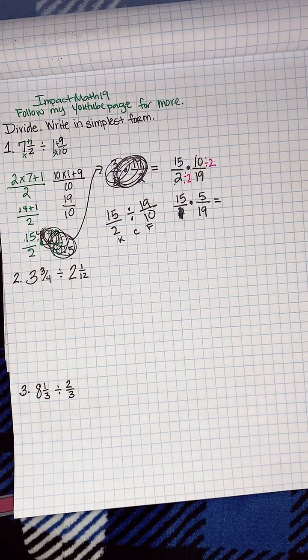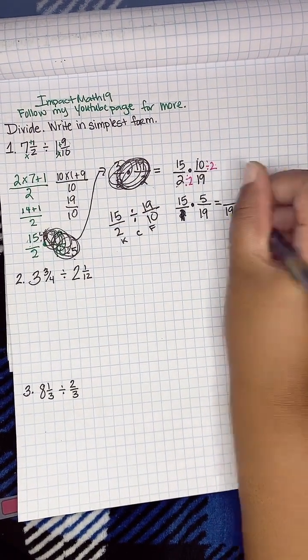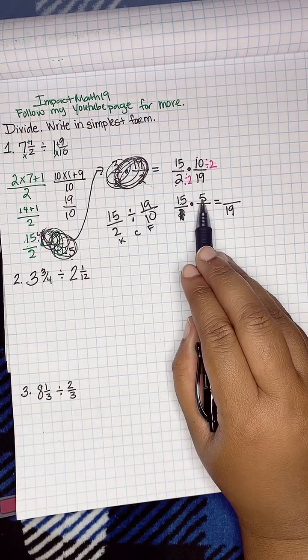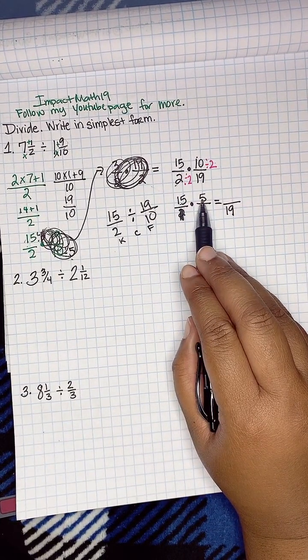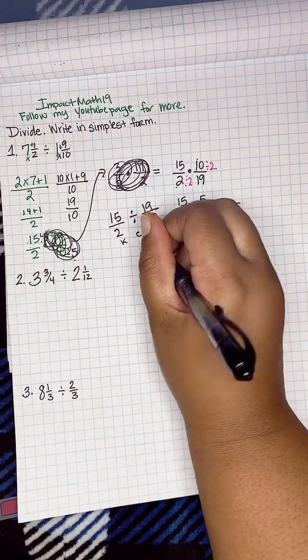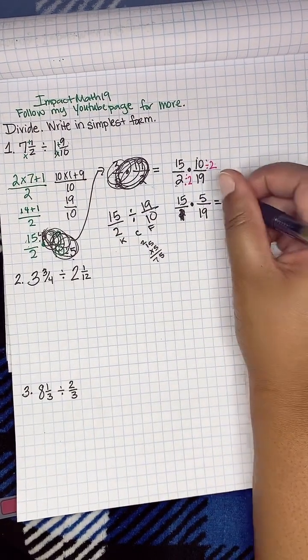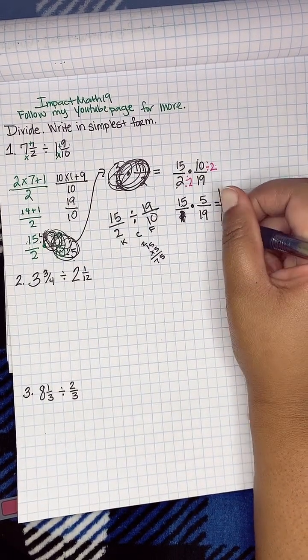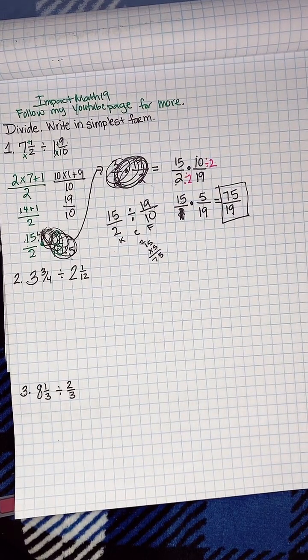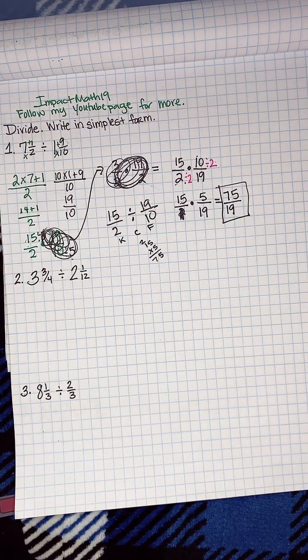Okay. Yes. Thank you. So 1 times 19 gets us 19. And then 15 times 5, I believe that was 75. Well, let's just double check. 15 times 5, that's 25. Yep, 75. So we get 75 over 19. Yes, and that's a common lazy mistake that I made.